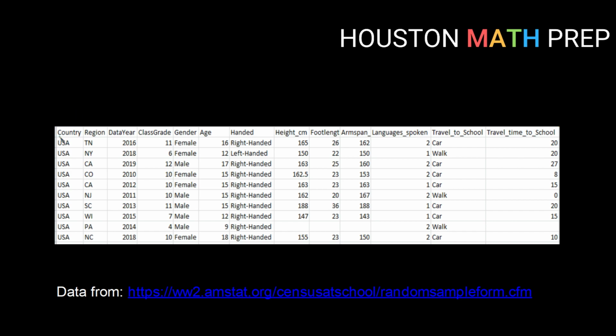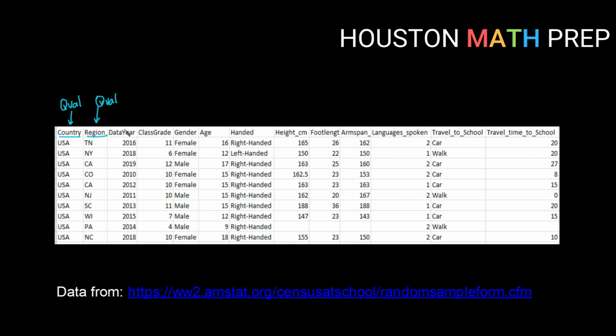So here, let's start with our first one, country. Country is obviously non-numeric, so that one is going to be qualitative. Here, region, these are actually the regions that they have are the states. Again, that is non-numeric, so that's going to be qualitative.